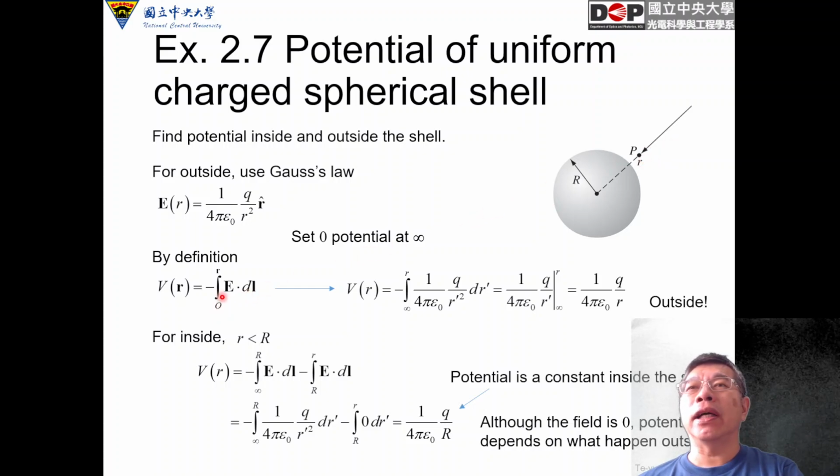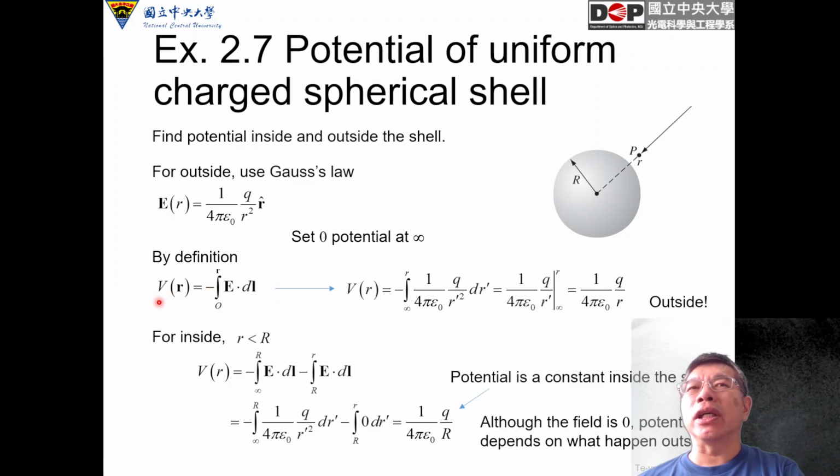Earlier we learned that a charge distributed on a shell is equivalent to a charge at the center with the total charge included. So that's relatively easy.